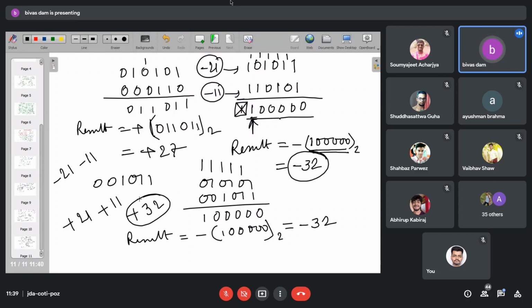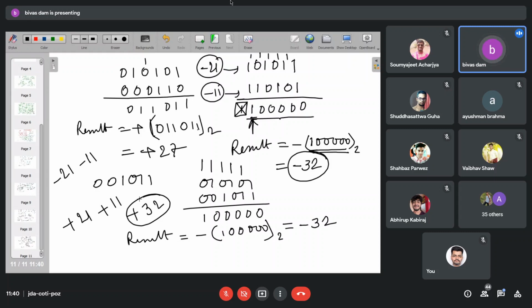And what is the indication of overflow? By adding two positive numbers, I have obtained a negative result. Similarly, by adding two negative numbers, you may get a positive result. That is also a case of overflow. Just like the 1's complement addition scheme, here also, if the operands are of opposite sign, there is never any chance of overflow.